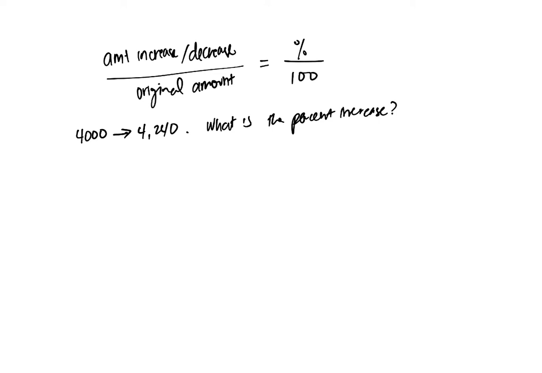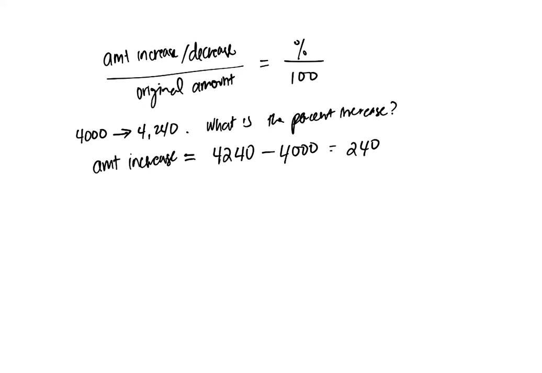It didn't increase by 4,240. It increased from 4,000 to 4,240. So to find the amount of increase, it's going to be the new amount minus the old one, which is 240 students. So that's how many increase we had.